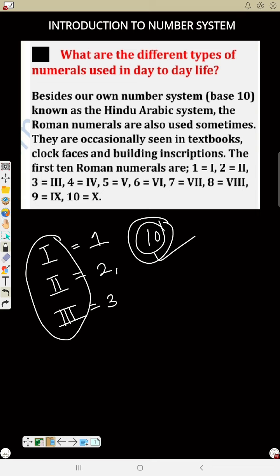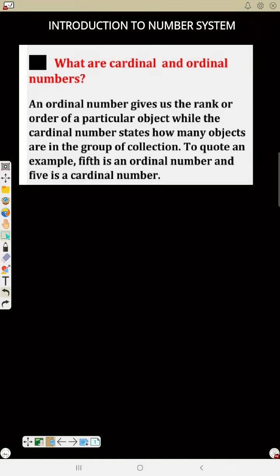So what are cardinal and ordinal numbers? An ordinal number gives us the rank or order of a particular object, while the cardinal number states how many objects are in the group or collection. To quote an example, fifth is an ordinal number and 5 is a cardinal number.